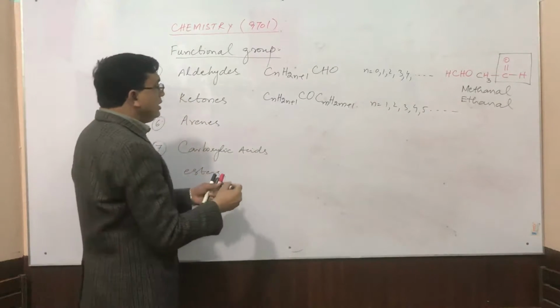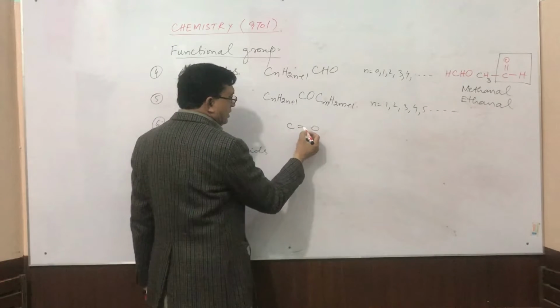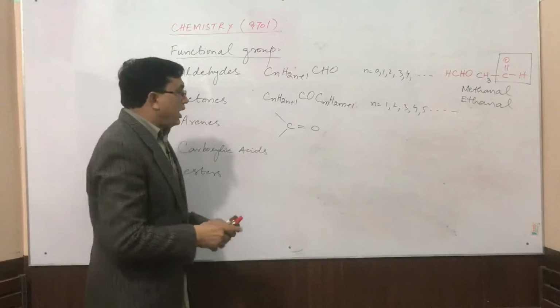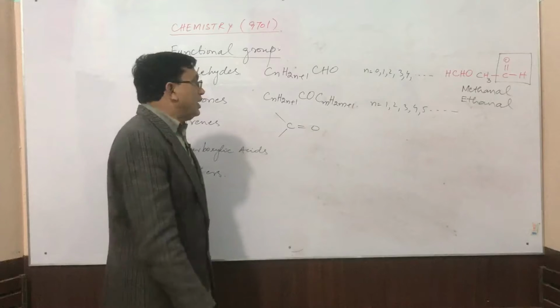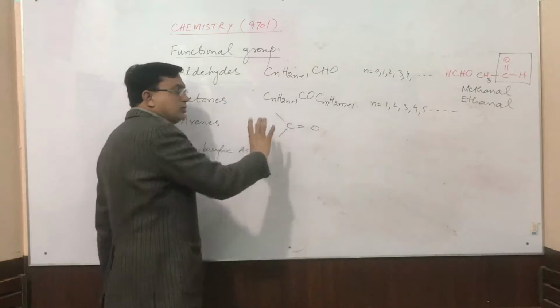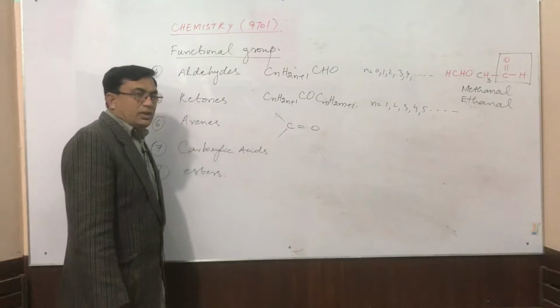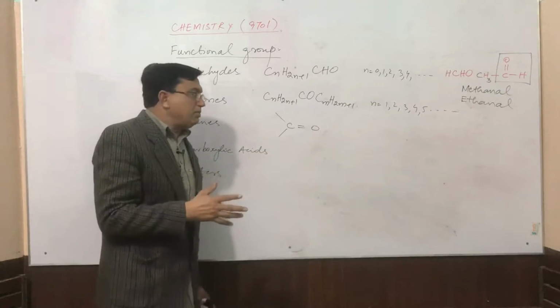Ketones. Generally ketones are represented just like this. As both of these sides are not occupied by any other atom, it is automatically considered that both of these positions will definitely be occupied by carbon atoms. No other atom comes on both sides except carbon.